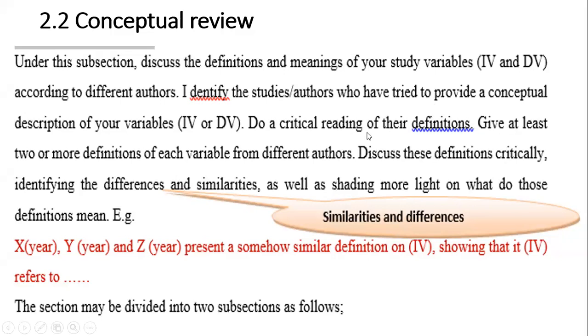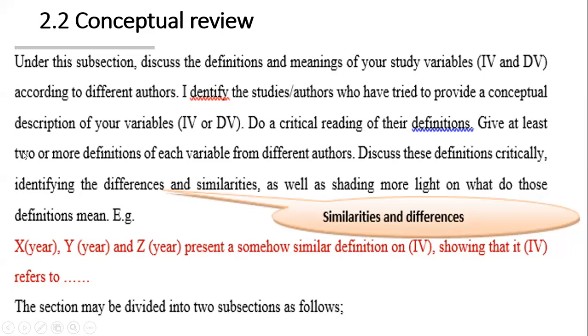So when you read these definitions, we said do a critical reading. Critical reading means you are trying to understand them. When you have read many definitions, you try to compare those definitions to be able to see the differences between them and the similarities between them.